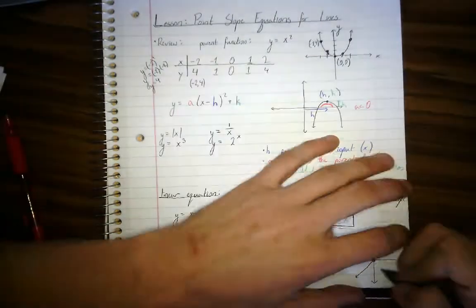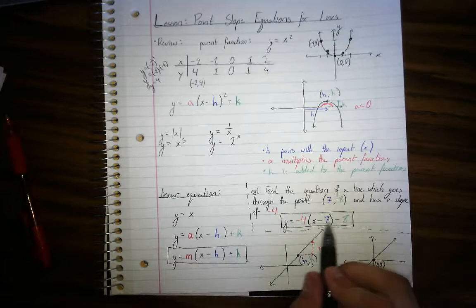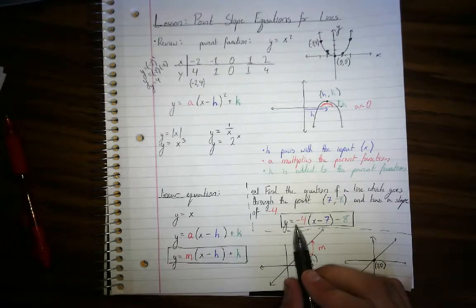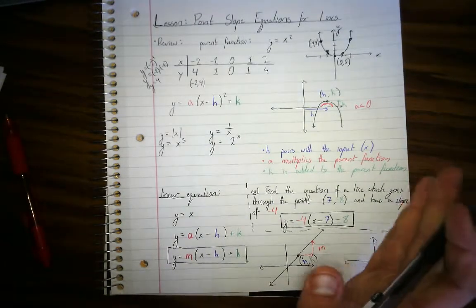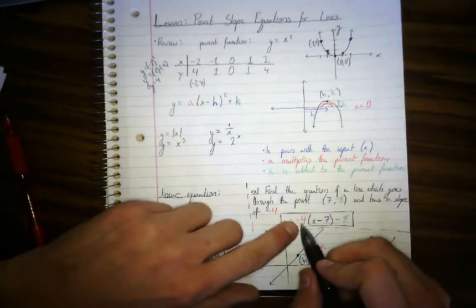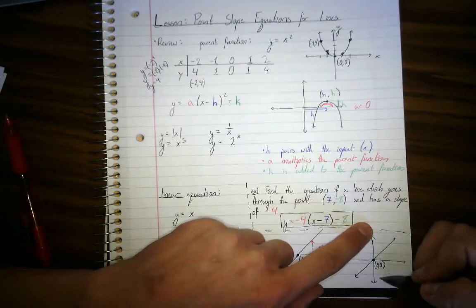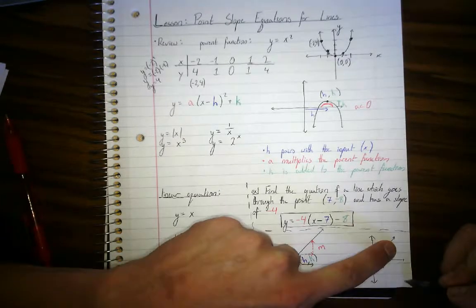So what you're basically doing is taking this origin point and you're moving it in this direction, and then you're adjusting the compression or the stretch to accommodate for that -4. So because we know it's negative, this thing flips upside down. It gets a little bit steeper, and then we move it backward or forward 7 and down 8 units.